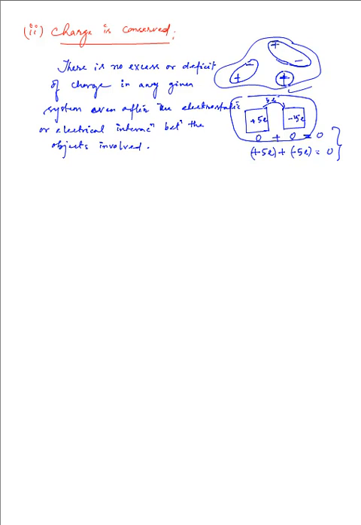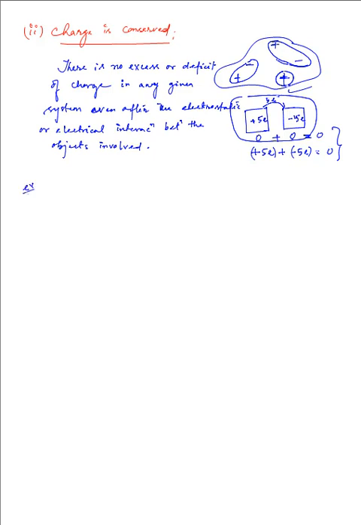Now, having learned about quantization and having learned about the conservation of charge, what we can say is that the charge remains conserved. That means the total charge before any kind of interaction is equal to the total charge after that interaction. So we can try a few examples related to this case.